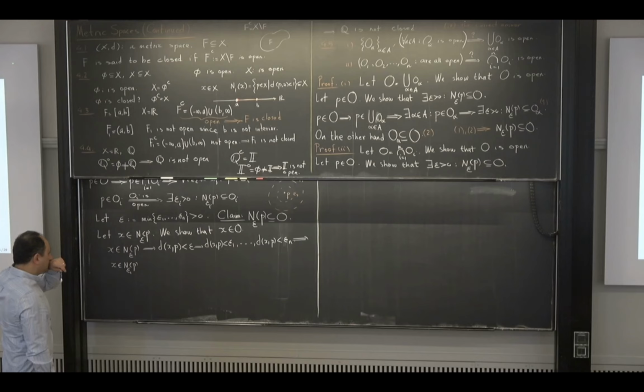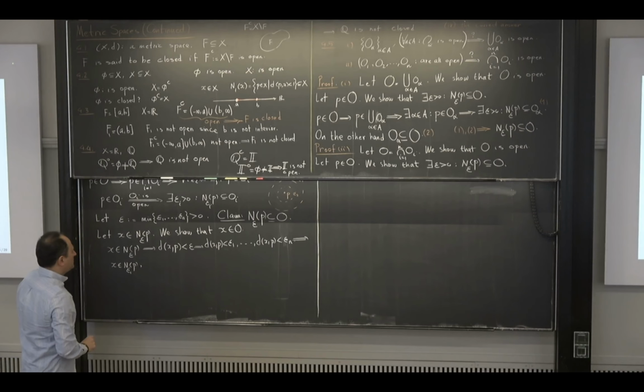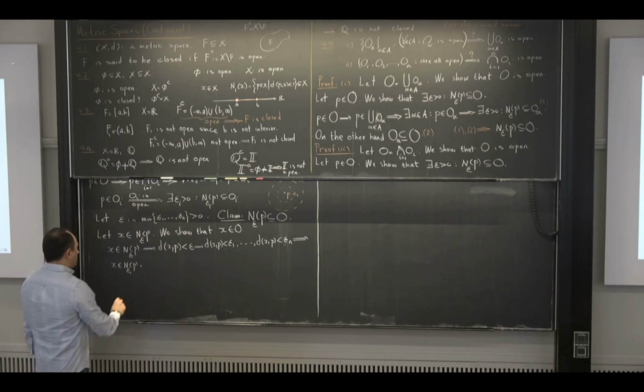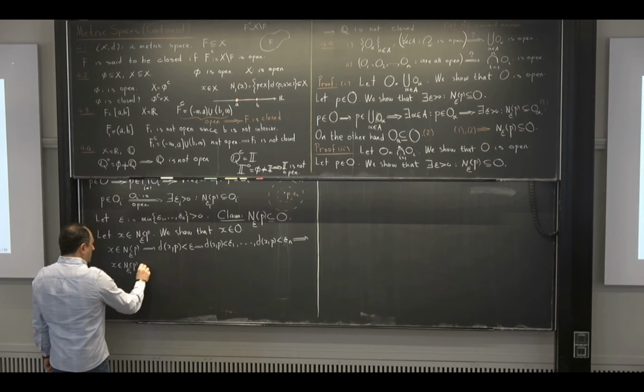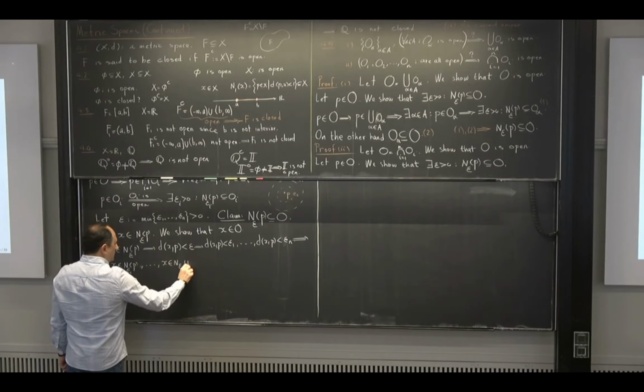So how should I write it down finally? And then up to x belongs to the neighborhood of P with radius epsilon n. Do you agree?